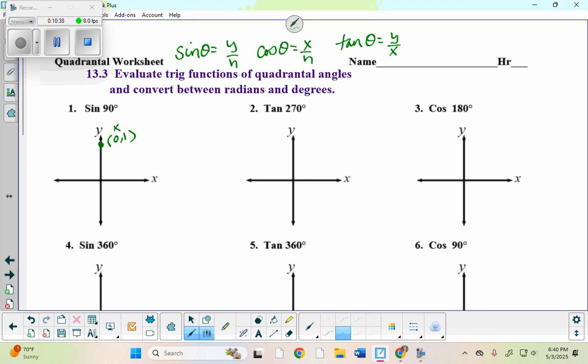So this is your x, this is your y, and your hypotenuse is always 1. So the sine of theta is y over h. So 1 over 1. The cosine of theta is x over h. 0 over 1, which is 0. And the tangent of theta is y over x, which is 1 over 0, which is undefined.